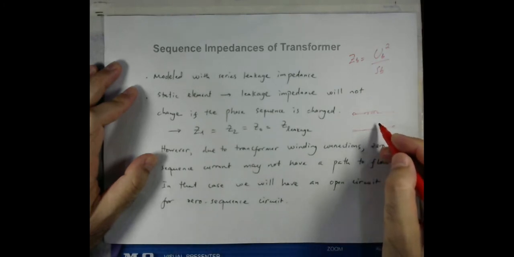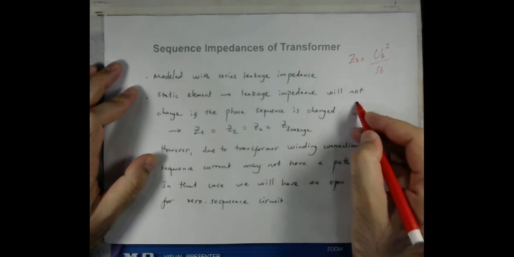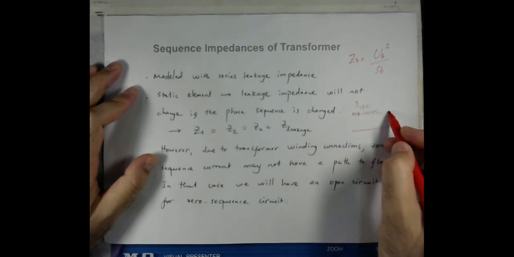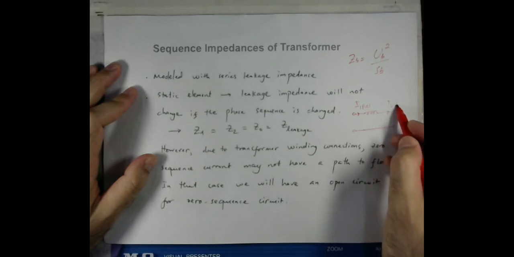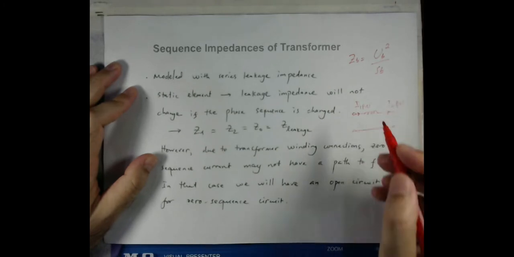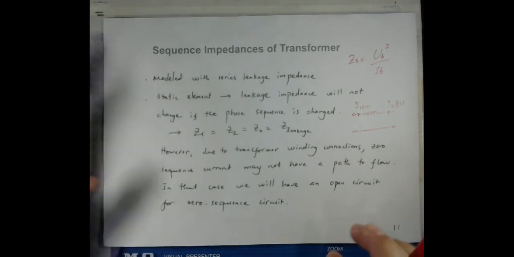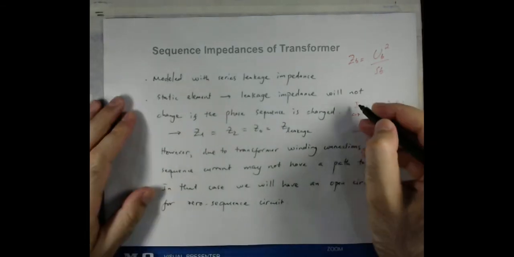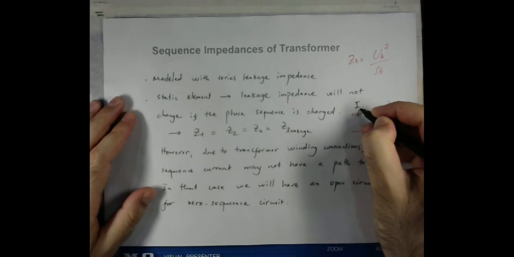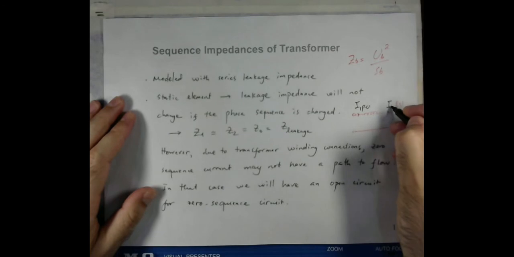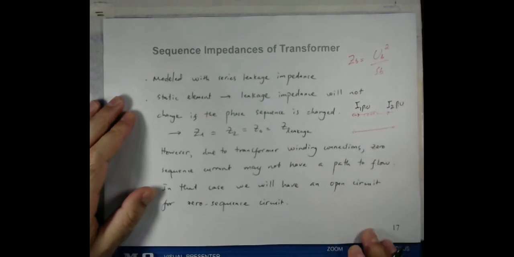The situation becomes like that, where I1 per unit is the same as I2 per unit. So I hope you remember this particular discussion. Let me make the marker writing more visible. We have already carried this discussion.